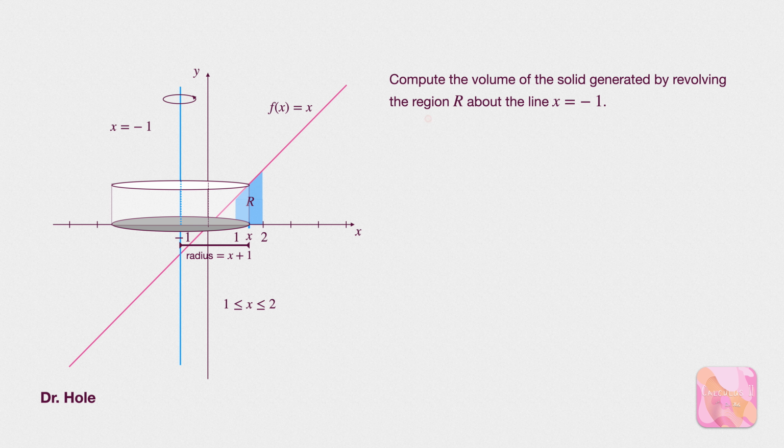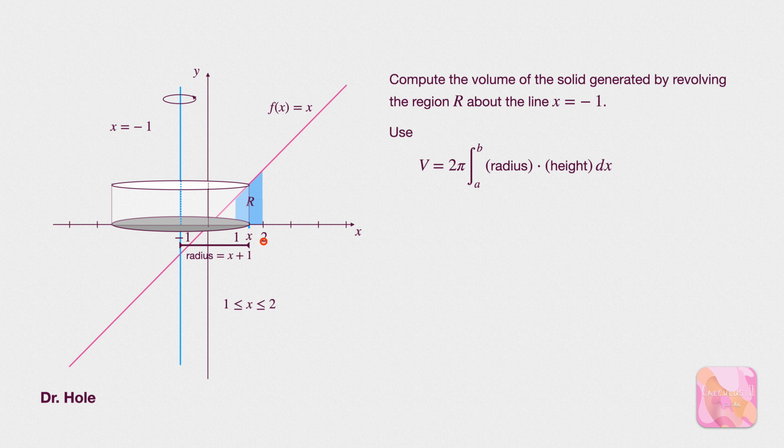Well, as the region R is defined over this interval of x's between 1 and 2, but we want to revolve about this vertical line, that's suggesting that we use the method of cylindrical shells. What's the volume integral for the method of cylindrical shells? 2 pi, definite integral, bounds of integration, integrand as functions of x, radius, product, height.